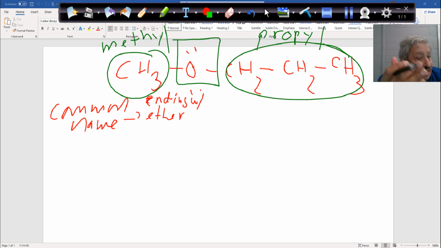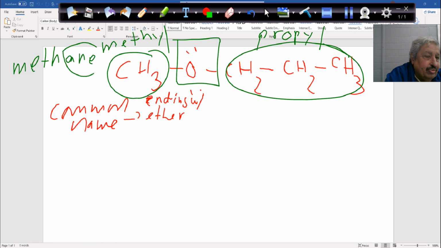From the alkanes, methane, take the ANE out and replace it with YL. That's a methyl. And this is propane, 3 carbons. Take the ANE out, add YL. That's a propyl. So which will come first, the M or the P?